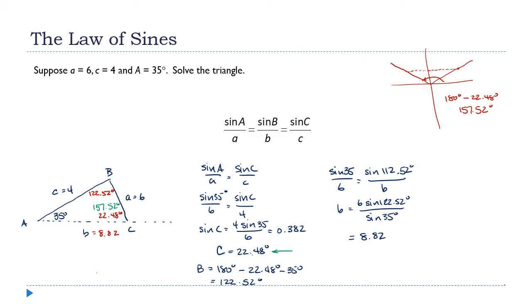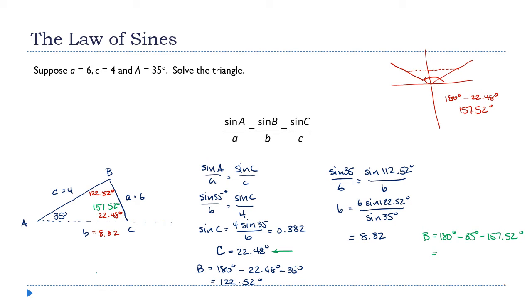Next thing you do immediately, try to find angle B. Angle B would be 180 minus 35 minus 157.52. And if you do this, you get a negative number. You get a negative angle for B. When we're talking about triangles, we're back to talking about physical objects, and that's not possible. So this is how you identify a scenario where you have only one solution.